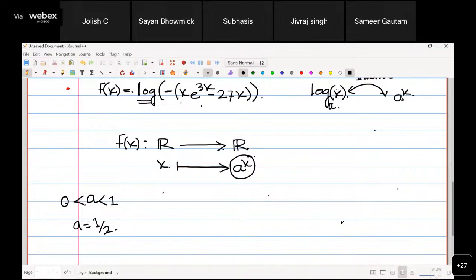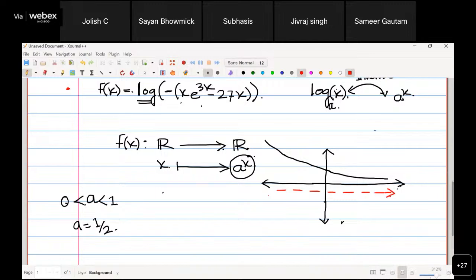So if you draw the graph of this function, then it will look like this, because if I increase the value of x, then the value of a power x is basically decreasing.